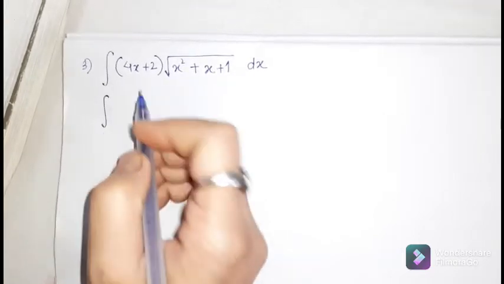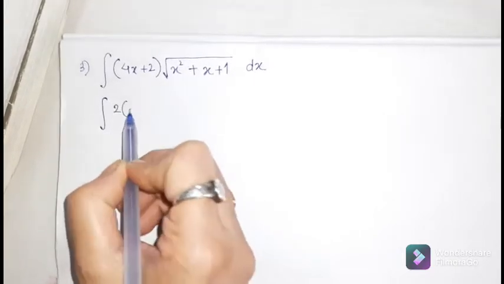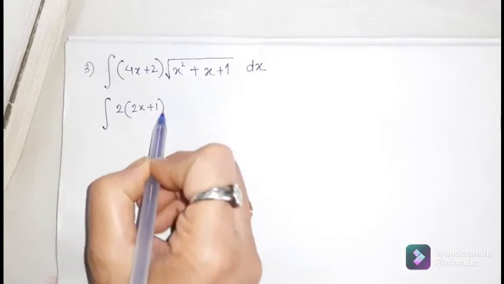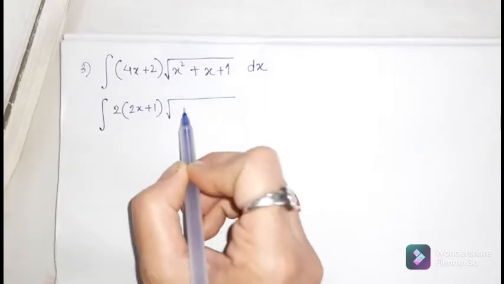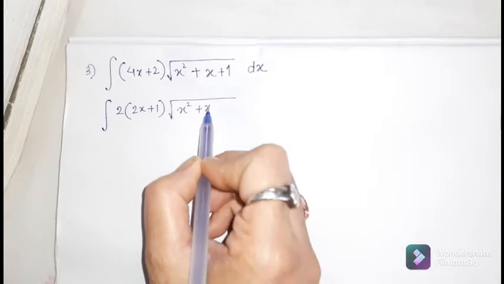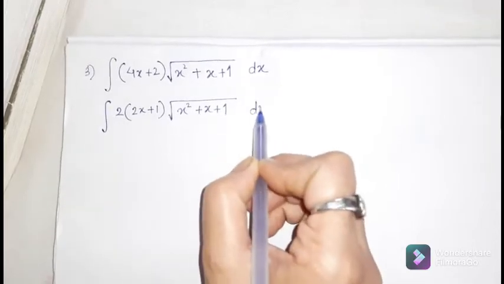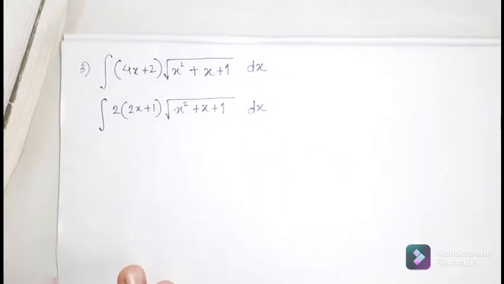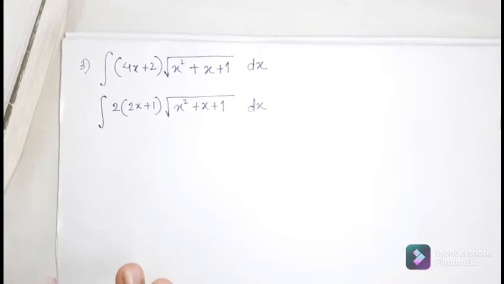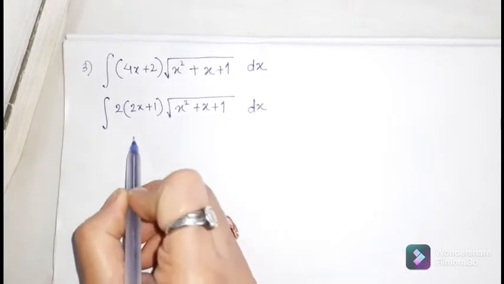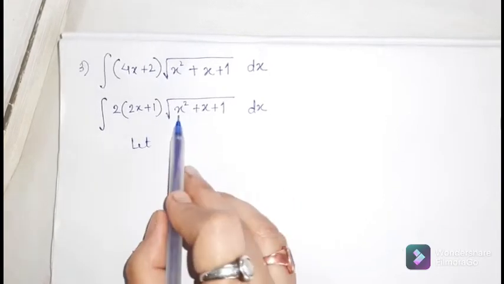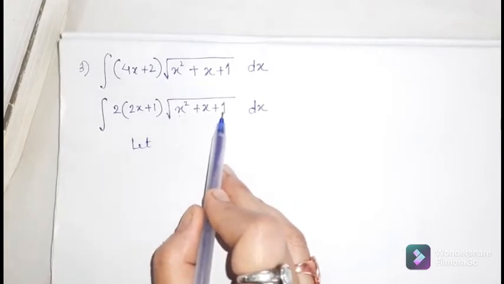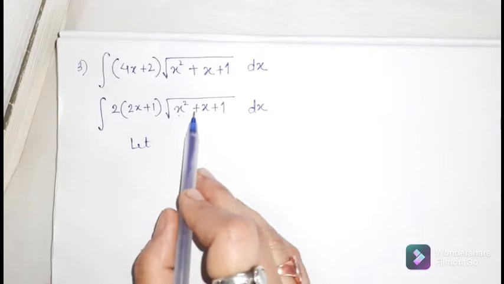I think this can be written as, if you take 2 common, you get 2 times 2x plus 1 over square root of x square plus x plus 1 dx. Now I think if we put this function equals to t, then the derivative of this is 2x plus 1.